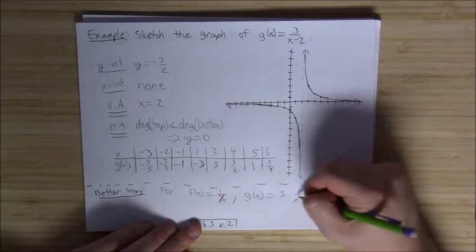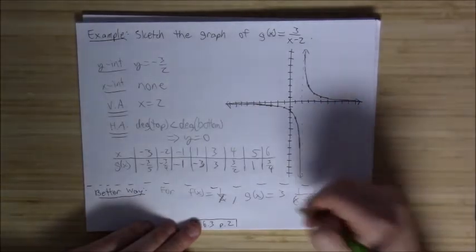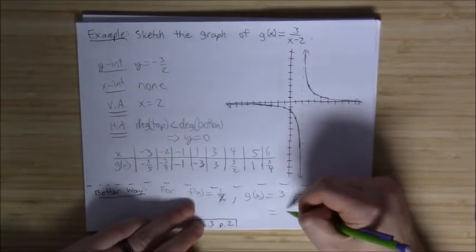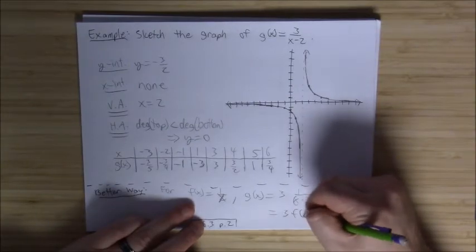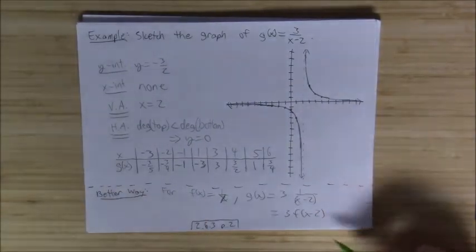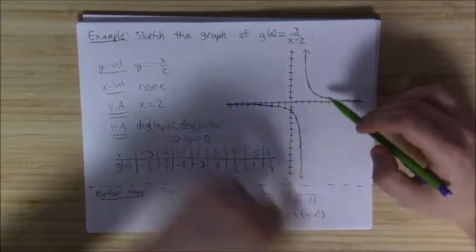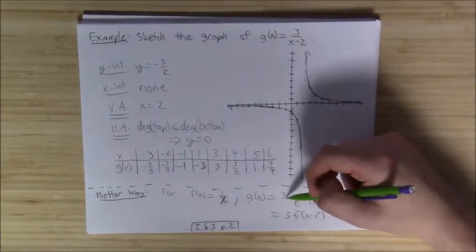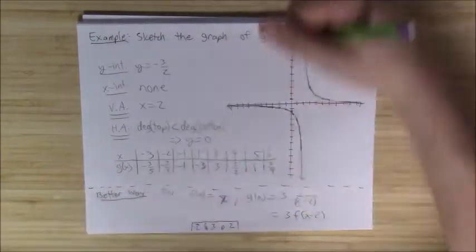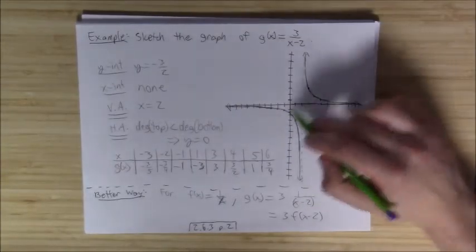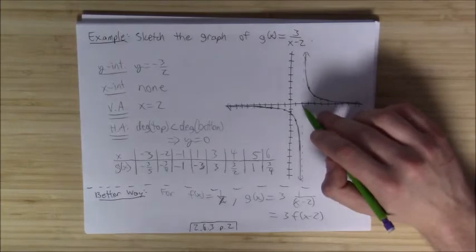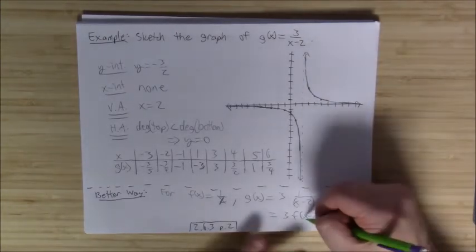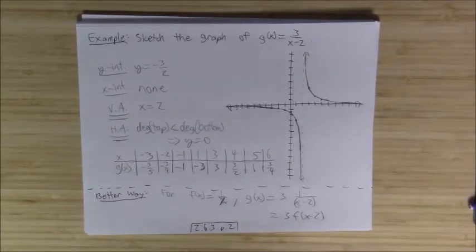Thinking of it that way, what we actually have is 3 times f of x minus 2. In other words, we're taking the graph of 1 over x, which we know looks roughly like this. We're stretching it by a factor of 3, and then we're moving it 2 to the right. And so we can see that function transformations allow us to do that as well.